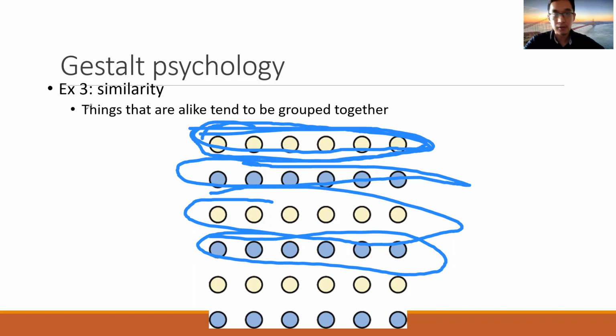Another example is the sports game, in a basketball game, or in a football game. When the game is going on, how do you tell which player belongs to which team? Think about it.